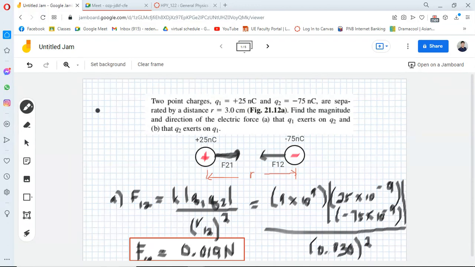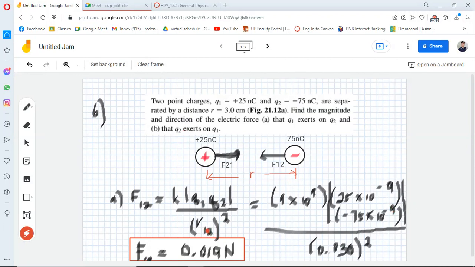How about for B? If you will notice, in this part they just have the same distance, tama? So, parang mangyayari lang is babaliktarin mo lang itong part na ito. Yung Q1, Q2 magiging Q2, Q1 because that is the force Q2 exerts on 1. So, ganun pa rin naman i-multiply mo, right?